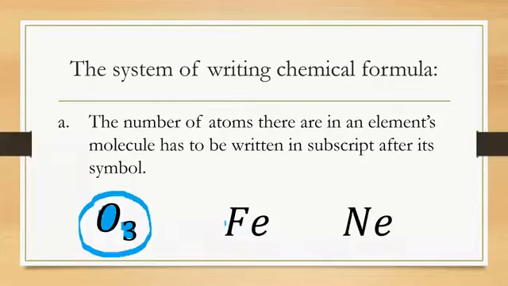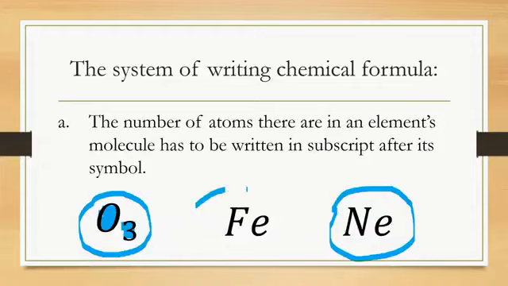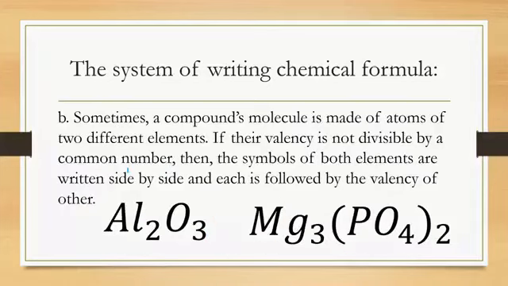On the other hand, there are some elements which don't form a molecule, for example neon. So the formula of neon is Ne and the formula of iron is Fe.